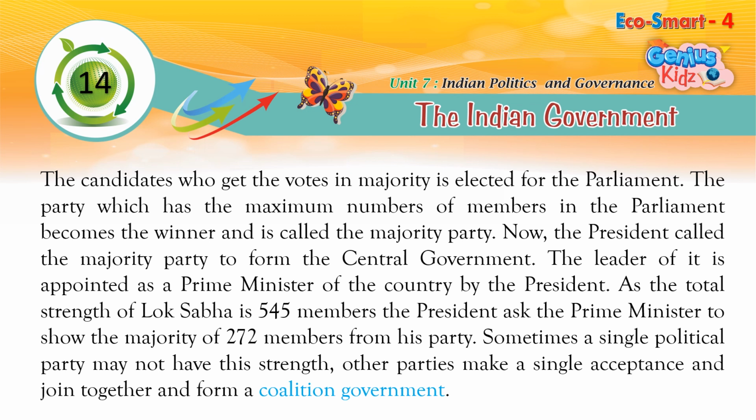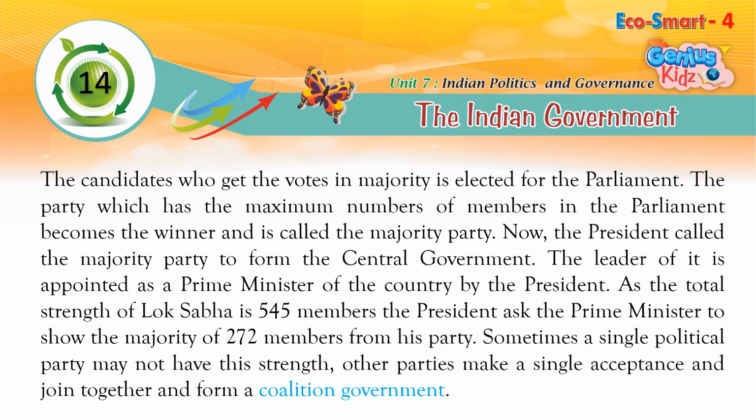The party which has the maximum number of members in the parliament becomes the winner and is called the majority party. Now, the president calls the majority party to form the central government. The leader of it is appointed as prime minister of the country by the president. As the total strength of Lok Sabha is 545 members, the president asks the prime minister to show the majority of 272 members from his party.